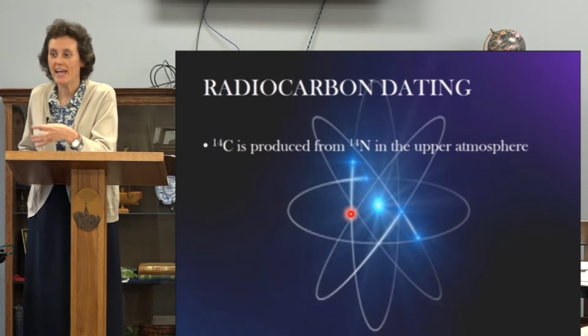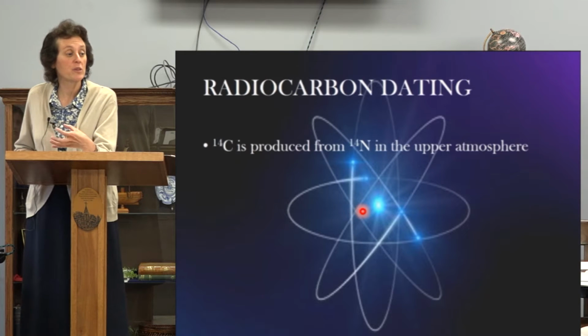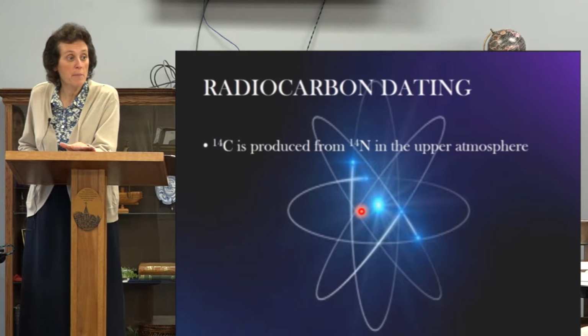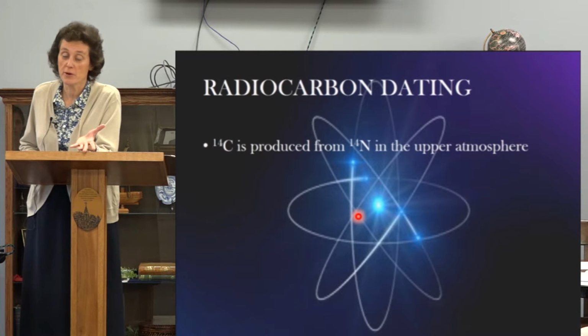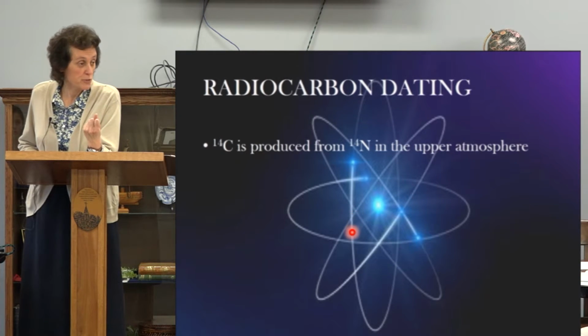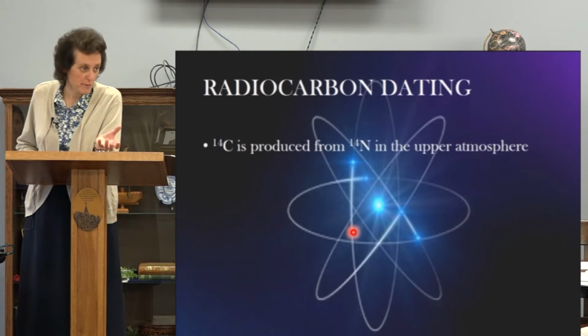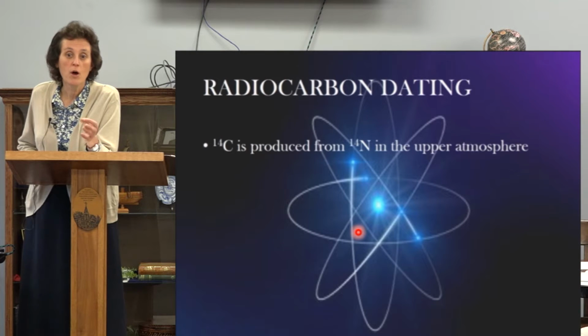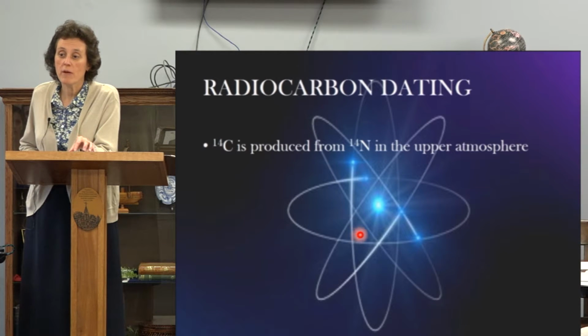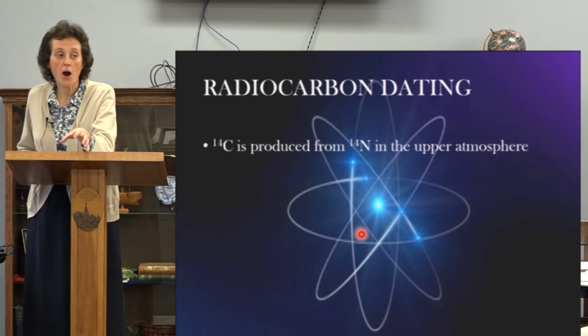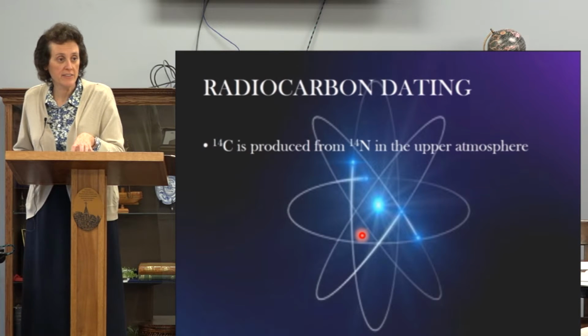And then animals eat plants and so forth. So in living organisms, some of their carbon atoms are actually carbon-14. If they're a plant, they got it directly from the atmosphere. An animal would have eaten plants that have carbon-14 in them.